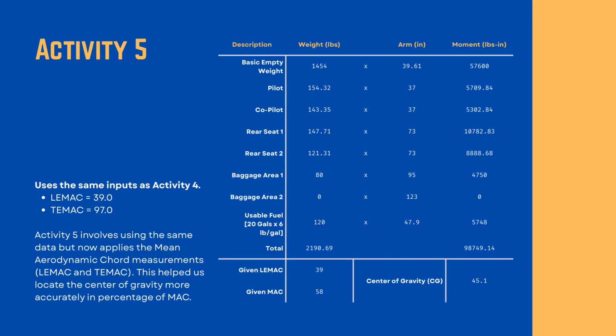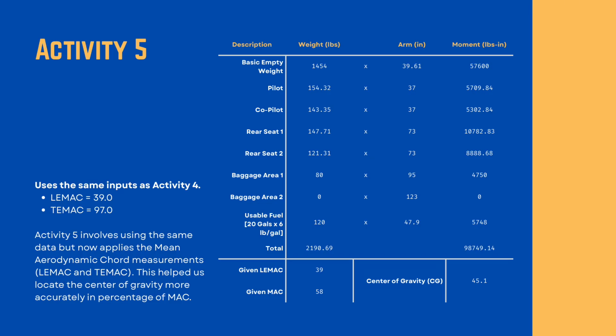With this, we can find the MAC percentage of our center of gravity. MAC percent is equal to center of gravity minus LEMAC, times 100 over MAC. Our center of gravity was 45.1, so we subtract 39 from that.